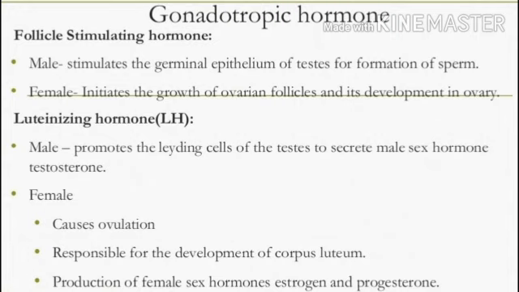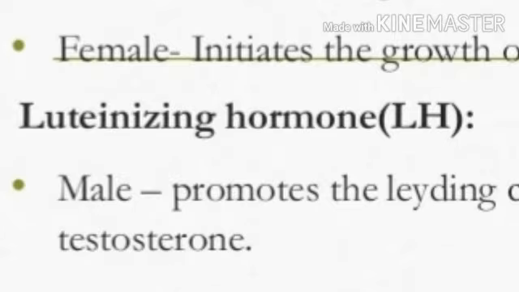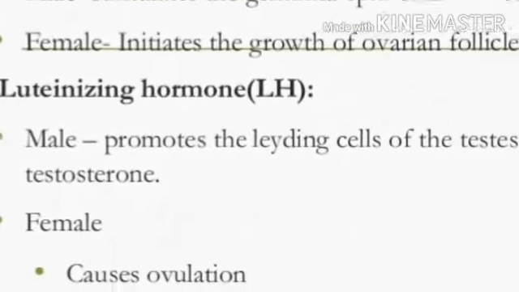Its role is, in male, it will stimulate the germinal epithelium of testes for the formation of sperms. And in female, it initiates the growth of ovarian follicles and its development in ovary. So the ovarian follicles will develop and grow in the ovary. For that, this follicle stimulating hormone is helping.